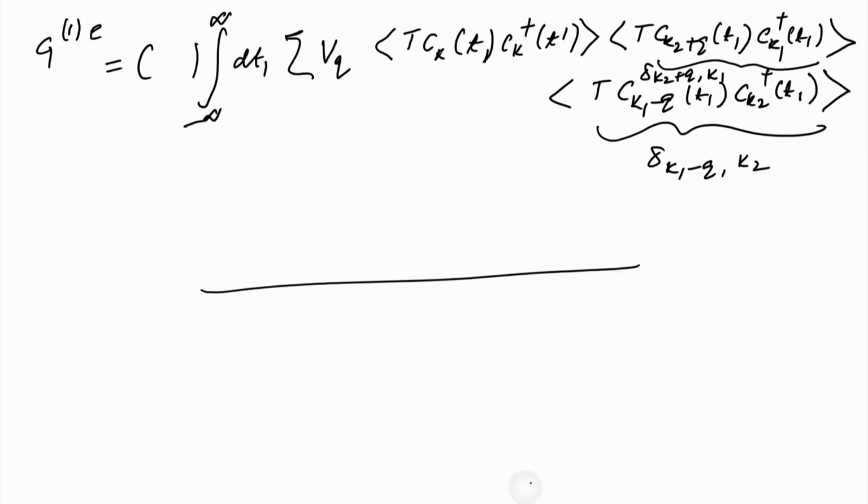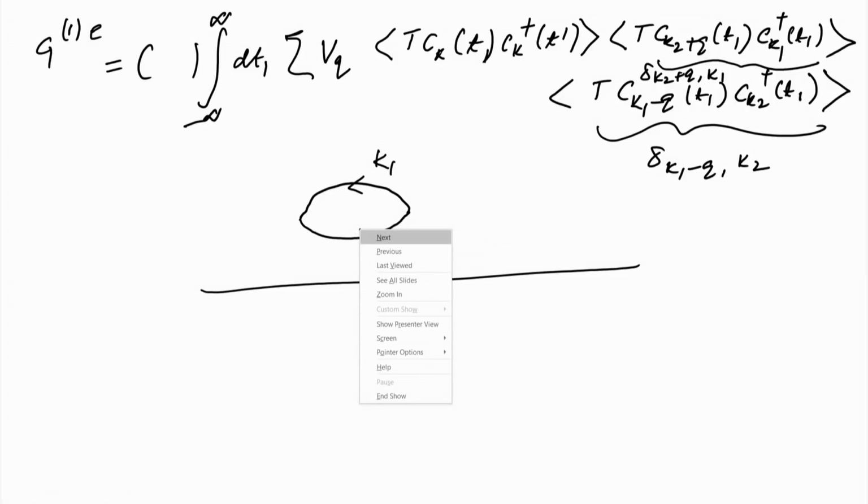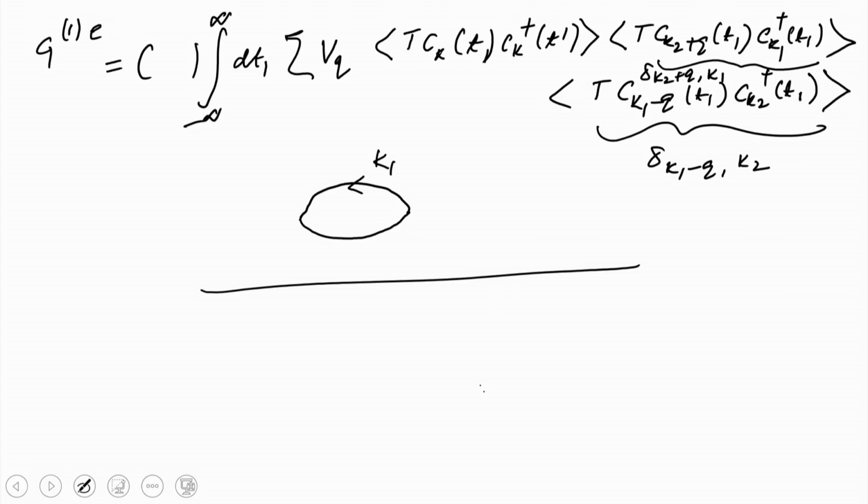Now, this is a disjoint one, so there is one that propagates from, so it is like this and then it is like this. So, there is one that propagates with k 1, and then this propagates like this and then there is a wiggly line V q.